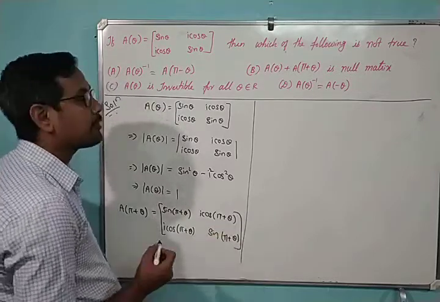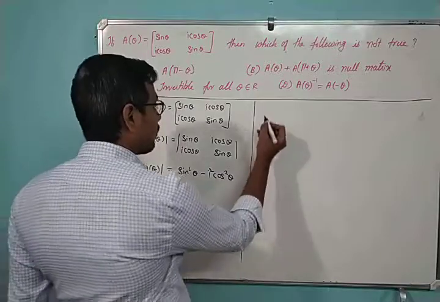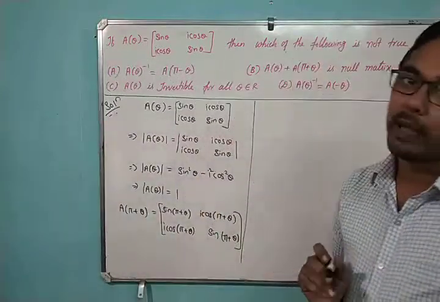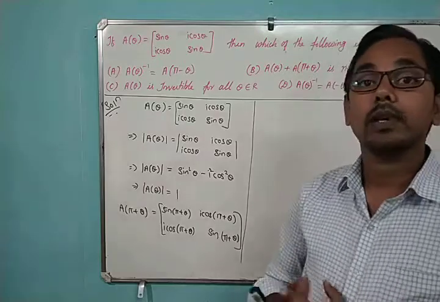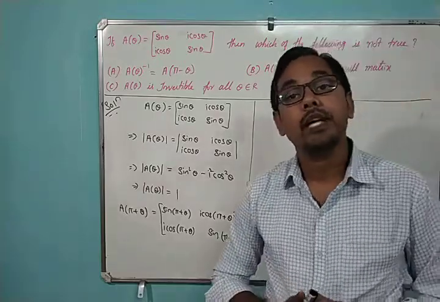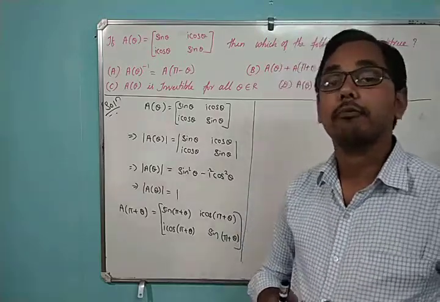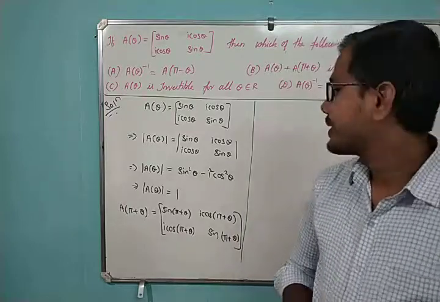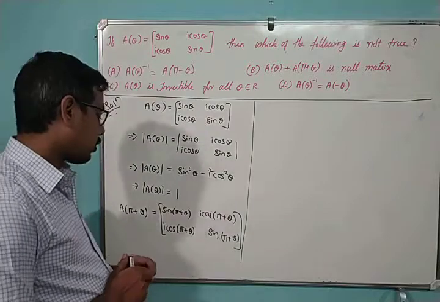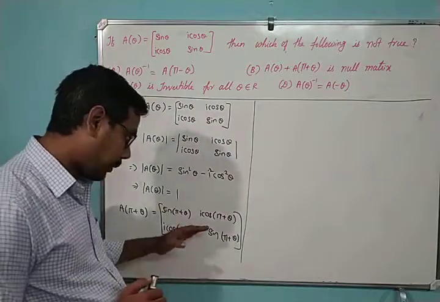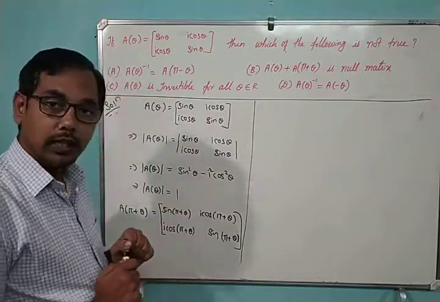Right? So this is a function of pi plus theta. Then what is sin of pi plus theta? That is minus sin theta. Similarly, cos of pi plus theta is also minus cos theta.